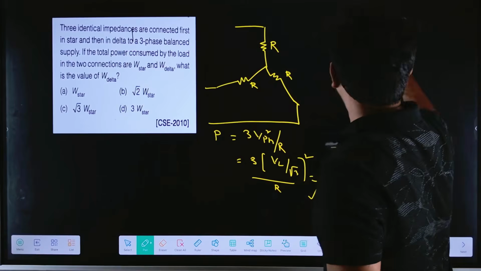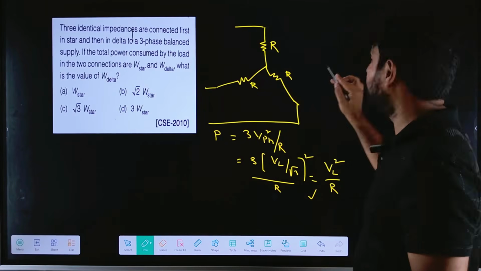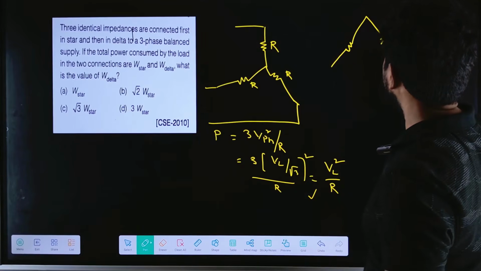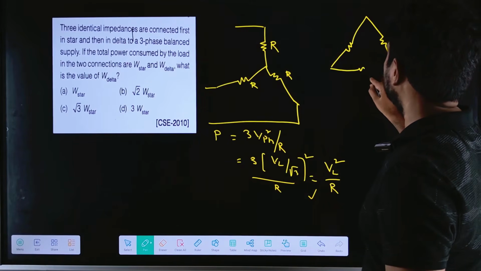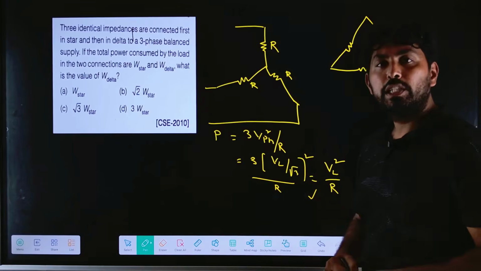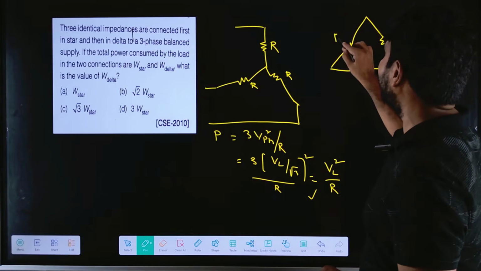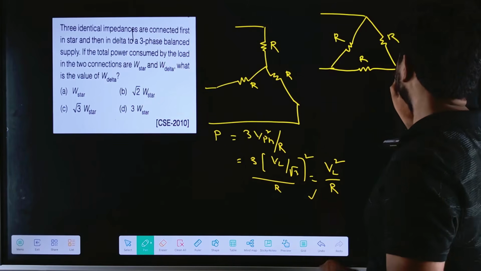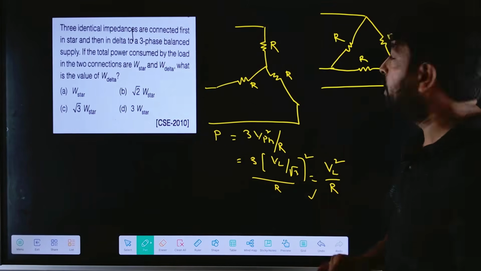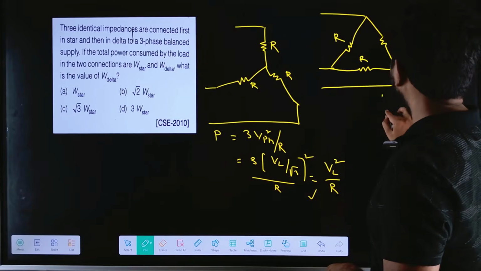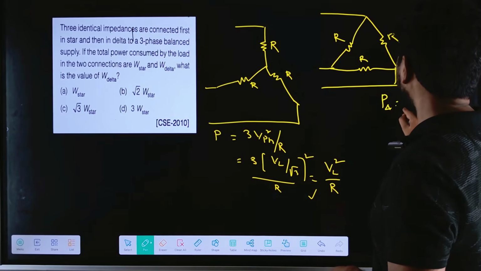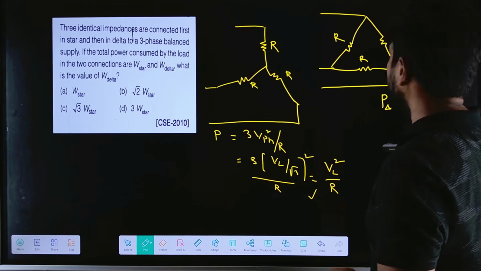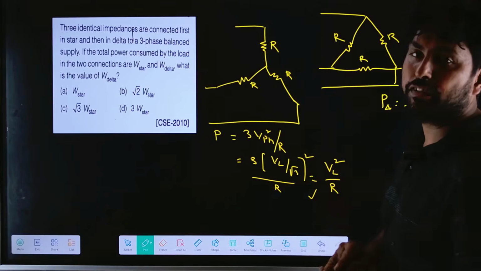Now let us take the delta connection. If I take the delta connection with R, R and R, the line voltage is equal to the phase voltage. So the power in case of delta connection is 3 times VL square divided by R. Here the line voltage equals the phase voltage in case of delta.